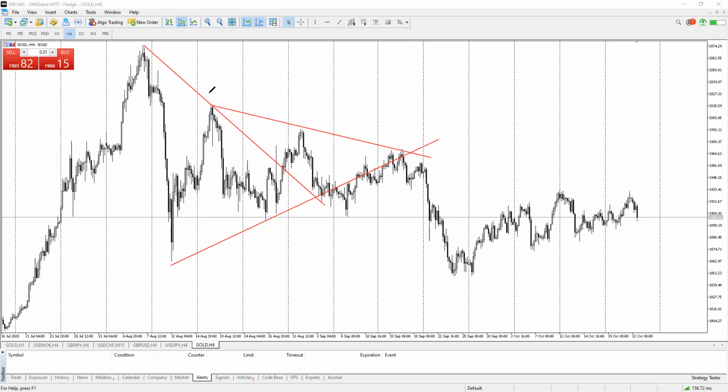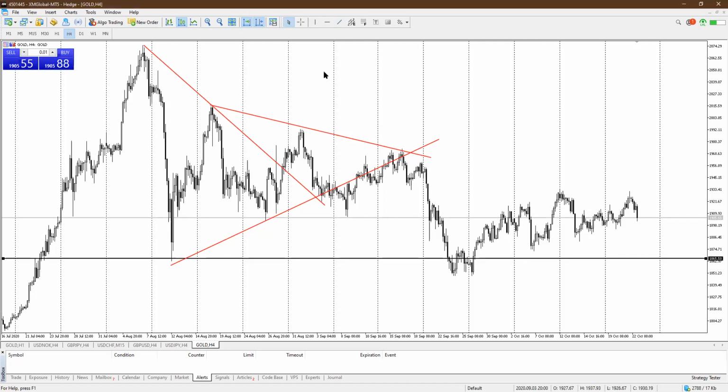So with the concept of this same pennant, or symmetrical triangle, we have a drop all the way down, but we can identify a pennant, which is a symmetrical triangle. Let me mark it. We start from this low to this high.